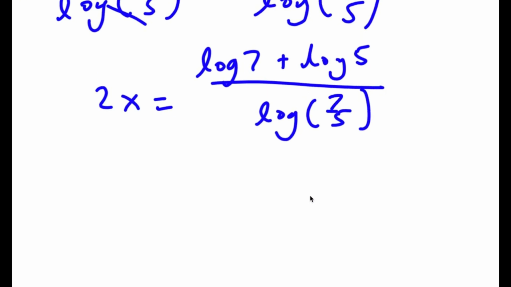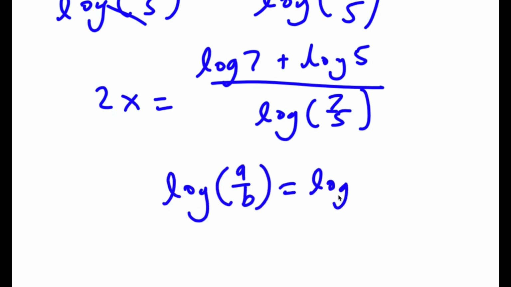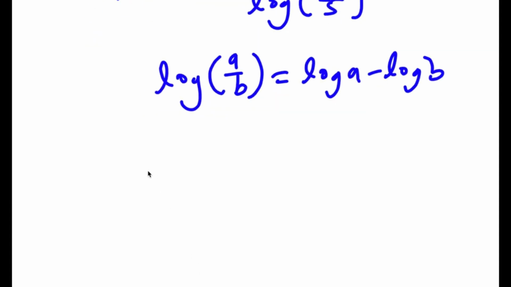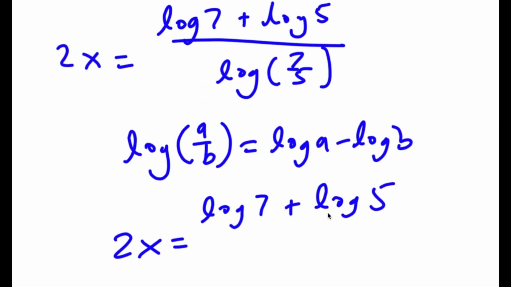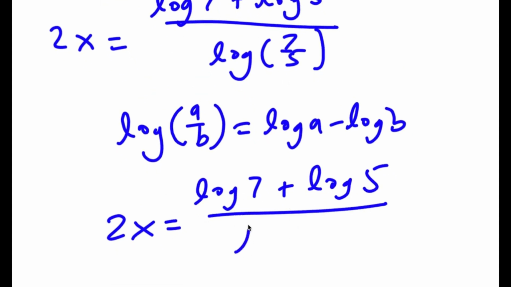Now if I have something in the form log of a over b, this is equal to log a minus log b. So now I would have 2x is equal to log 7 plus log 5 over log 7 minus log 5.